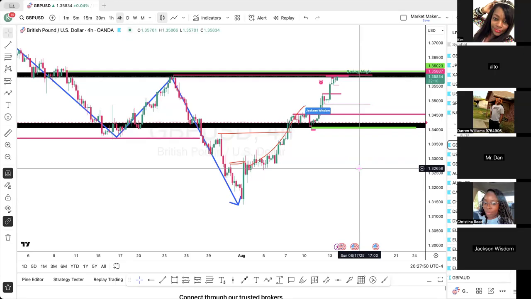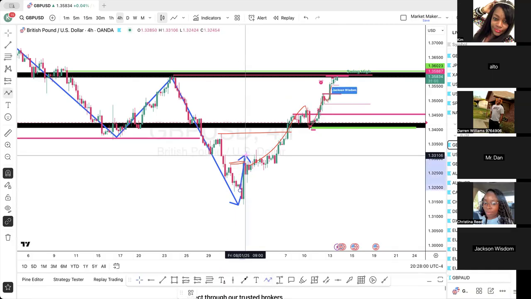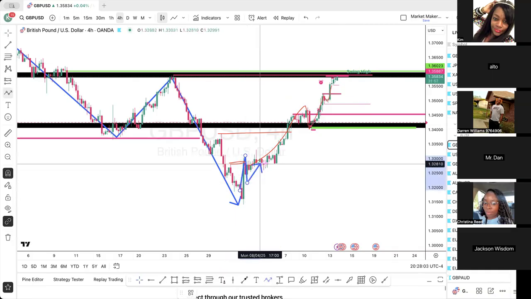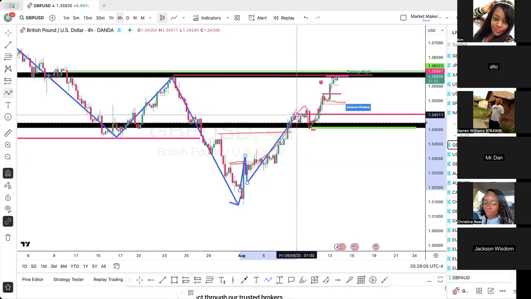I don't know if you count this as a swing. Do you count it as a swing? Yes. Okay, let's say this is the high, so this becomes the swing low, and you have the swing high here and here, the break of structure.